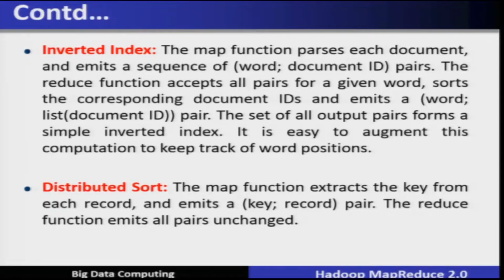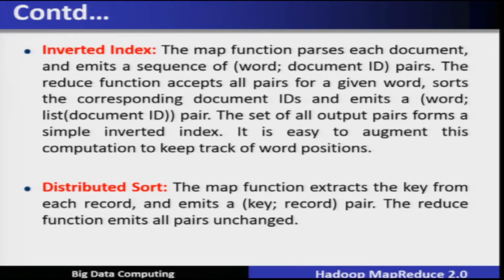Here, the map function parses each document and emits a sequence of word and document ID pairs. The reduce function accepts all the pairs of a given word, sorts the corresponding document IDs and emits the word and list of document ID pair. So, the set of all output pairs forms a simple inverted index.